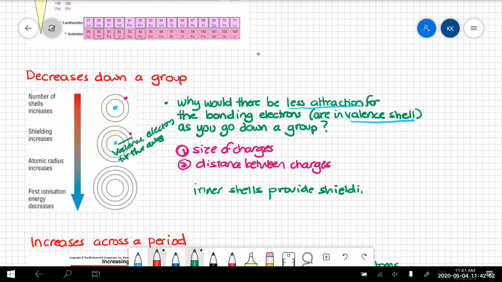If we have our nucleus in the middle here and our valence electrons on the outside, then all of these electron shells in between are a big chunk of negative charge and it shields the valence electron from the nucleus charge.